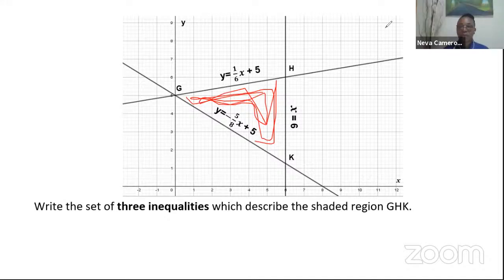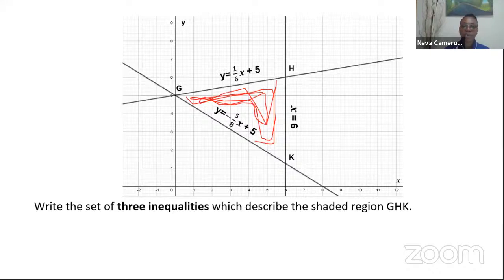For the line, a student here is writing that y is less than or equal to 16x plus 5. That's one response coming in.